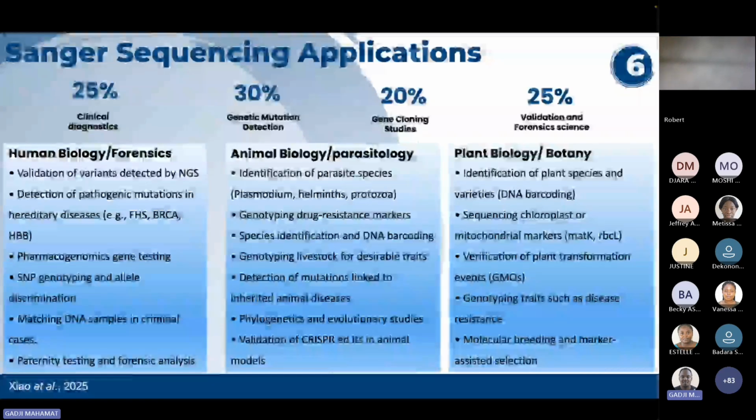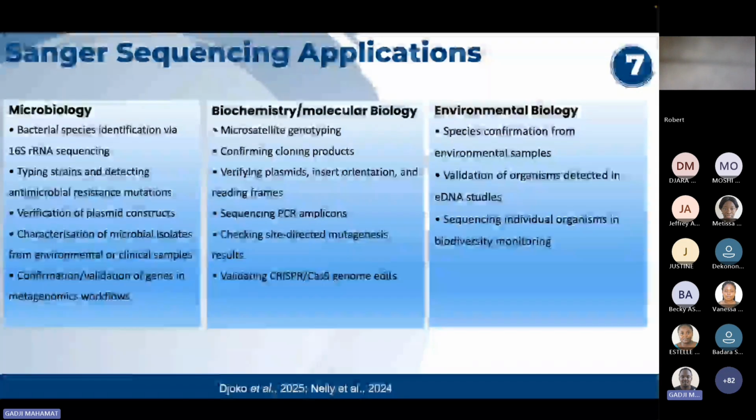If you're a plant biologist, you can use it to identify plant species. If you're a microbiologist, you can use it for bacteria species identification, as well as verification of plasmid constructs. If you're a biochemist, you can use Sanger sequencing to sequence PCR products and also to genotype microsatellites. If you're an environmental biologist, you can use it for validation of organisms detected in environmental DNA studies.